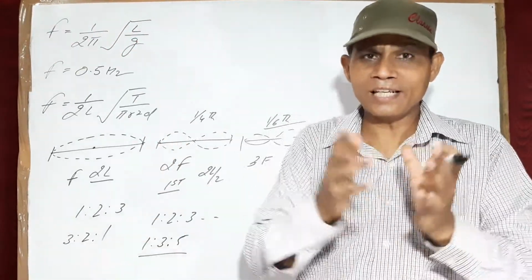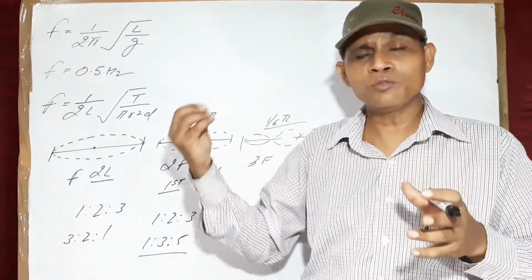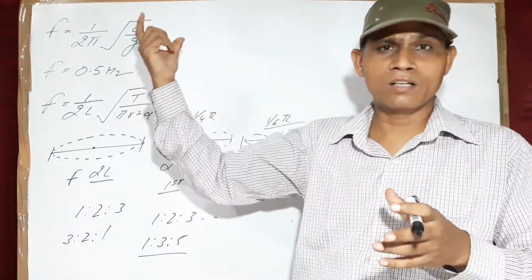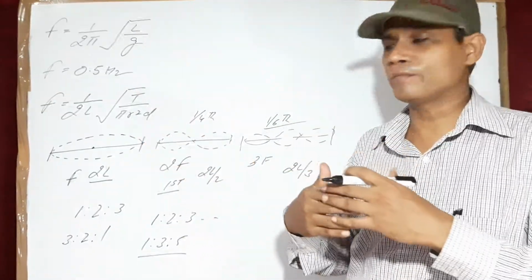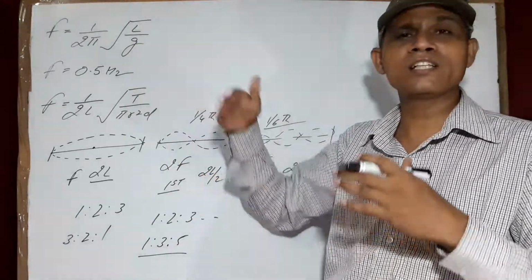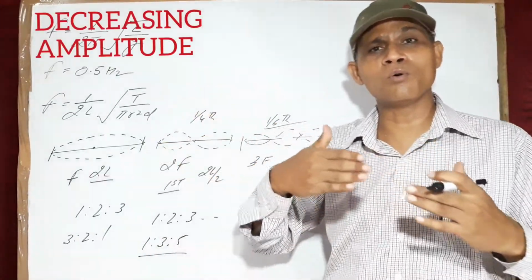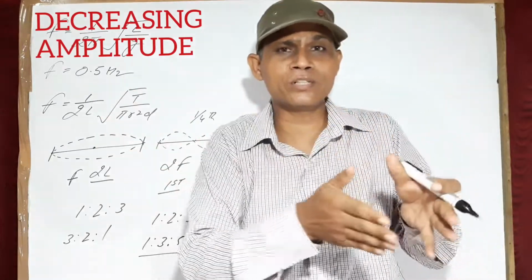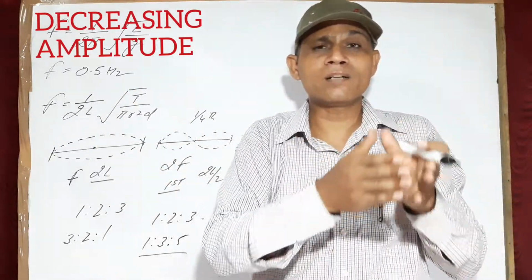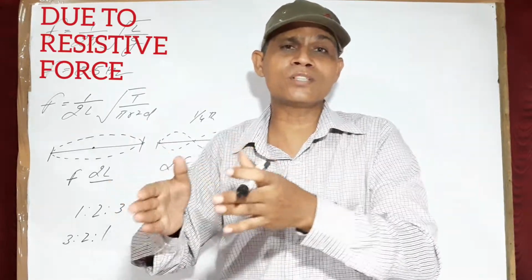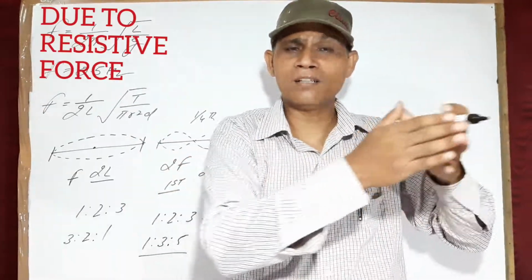So keep it in mind what happens if you do all this experiment in the air or in any medium. In that case you will not be having the constant amplitude, but the amplitude will go on decreasing. Why is the amplitude decreasing? Because there is some loss of energy. Why is there a loss of energy? Because a resistance is offered by the medium.